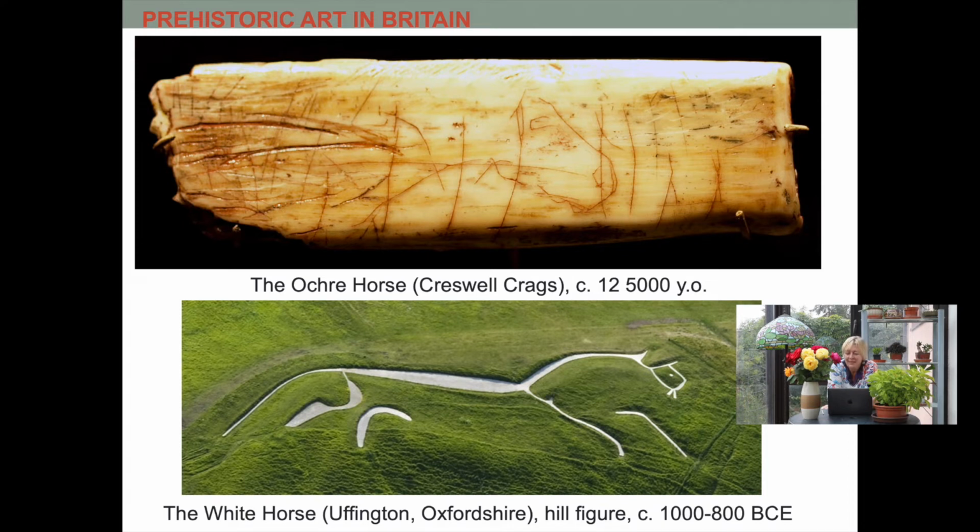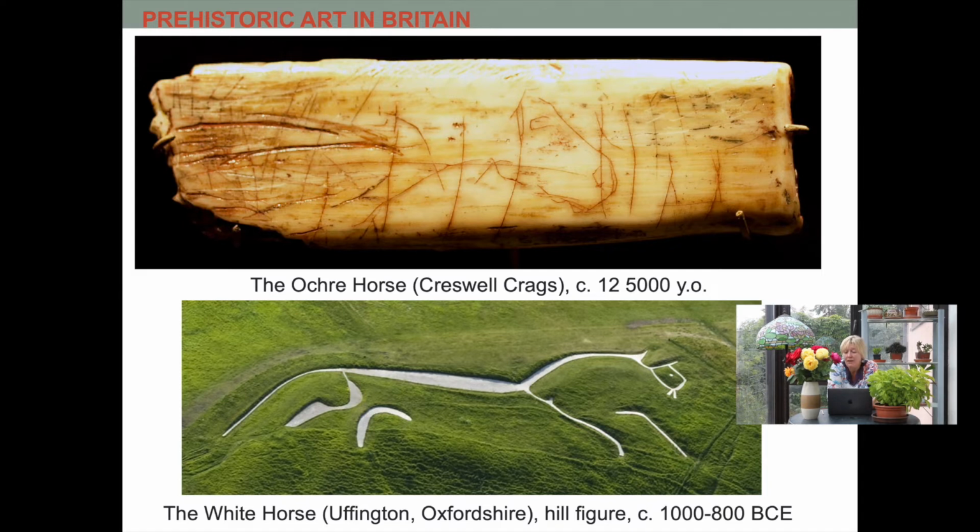There are also objects that can be seen as equivalent to Stone Age art, like this very ancient image of a horse. Actually, you can see a horse's head quite well here, carved into a piece of animal bone.